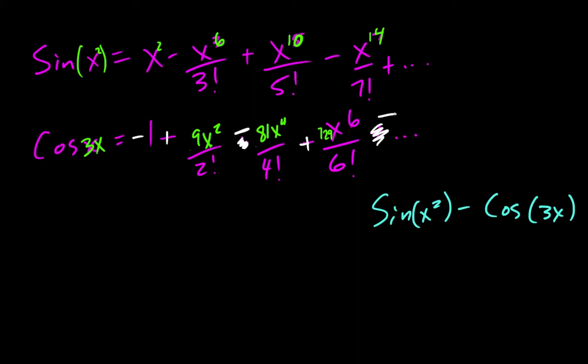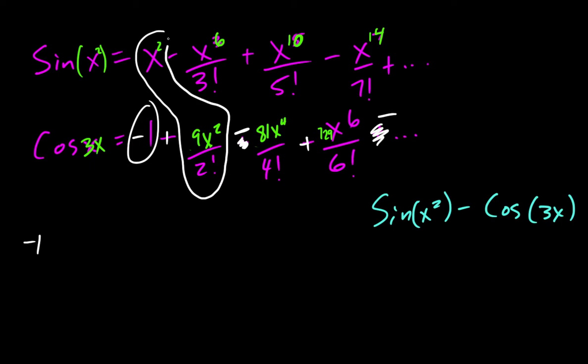So we just have this negative 1, and then our x squared terms can combine. And so 2 factorial is just 2. And so we can think of this like 2 over 2. So we have 2x squared, 9x squared, so that's 11x squared over 2.